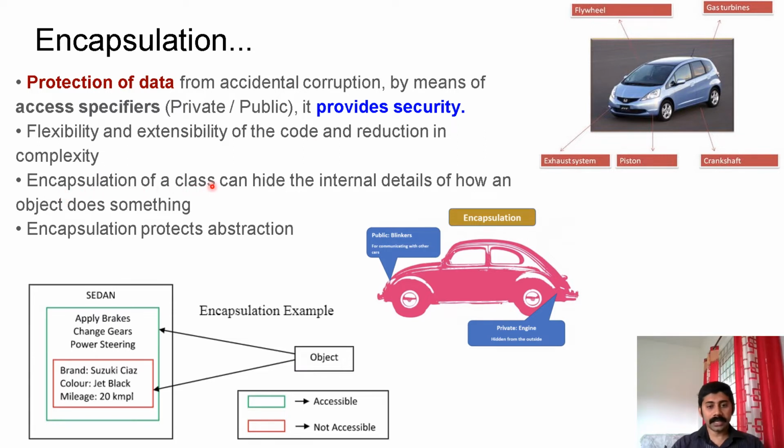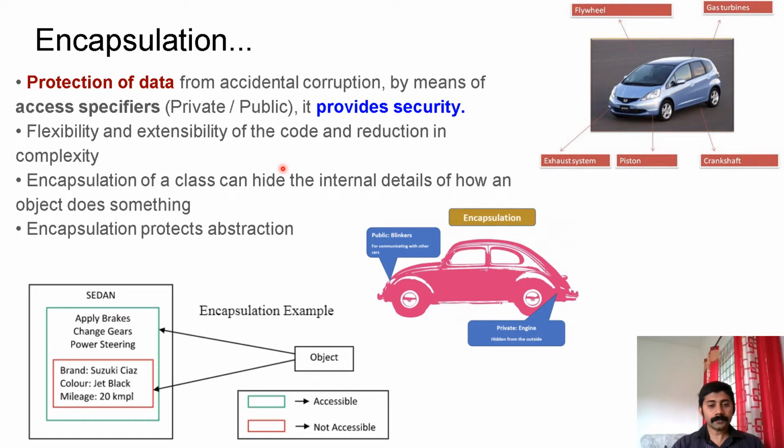Encapsulation of a class can hide the internal details of how an object does something. Encapsulation protects abstraction. Okay, we learned two concepts, abstraction and encapsulation.